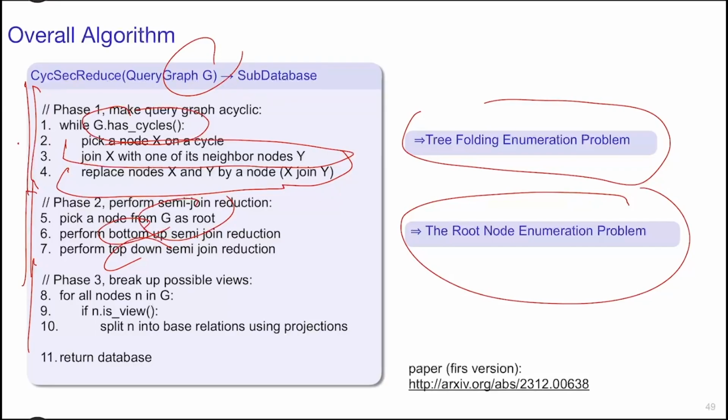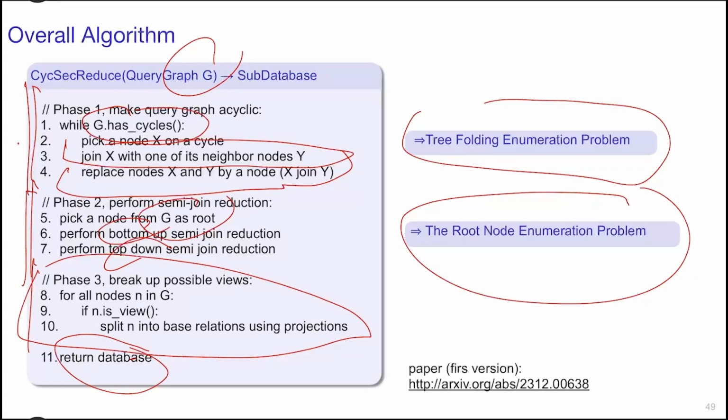But if you joined to get rid of the cycles in the graph, you may have nodes that represent join results, and then you have to do something similar to what we did in the rewrites. You have to project to the individual relations to split them up again. And then you return the database.